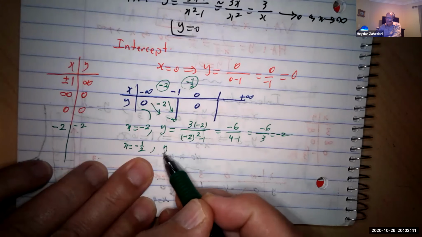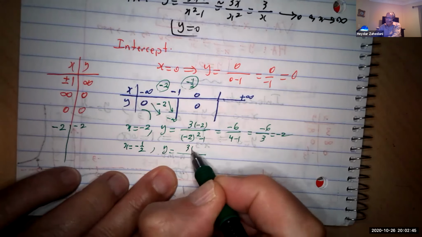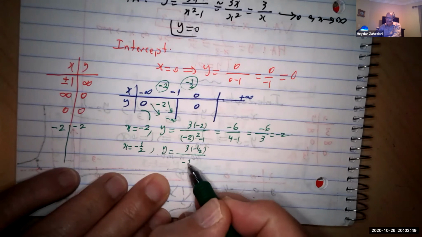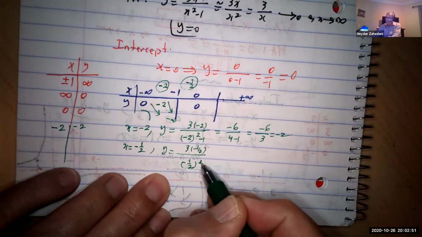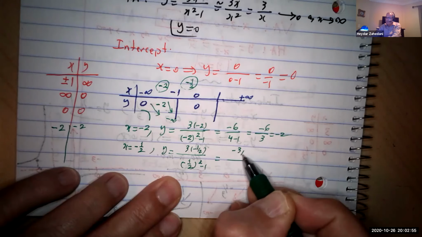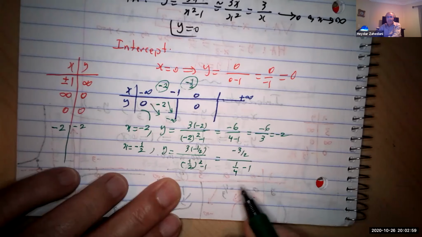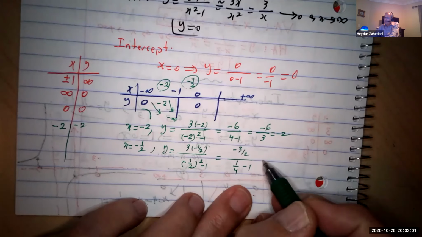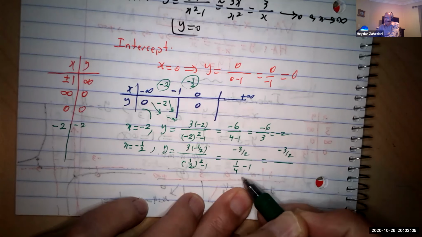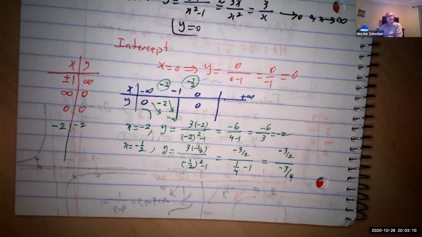So it's going to be y equal to 3 times a negative 1 half, and the bottom one would be negative 1 half squared minus 1. So the top would be negative 3 halves. The bottom one is a quarter minus 1, which is going to be negative 3 quarters.